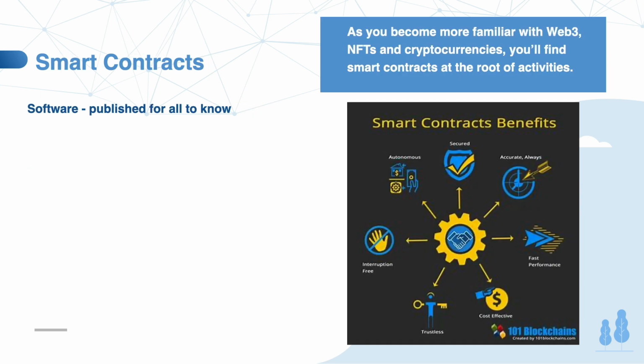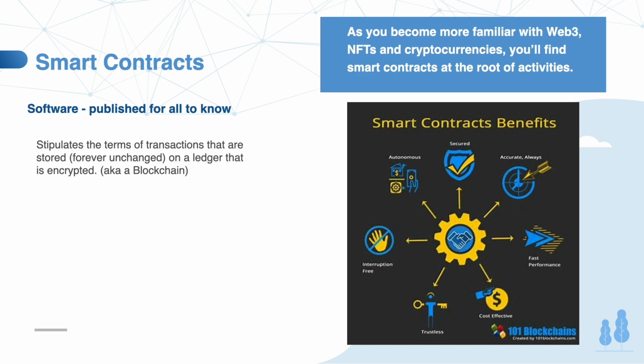And now, one of the really critical things about the whole cryptocurrency world is that there are these things called smart contracts. And a smart contract is just software. And it is published. It, in effect, executes the terms of the contract. For example, when we put this NFT for sale, we can say that whenever it changes hands, somebody's going to pay me a royalty.